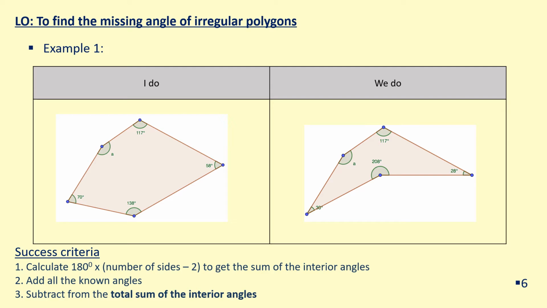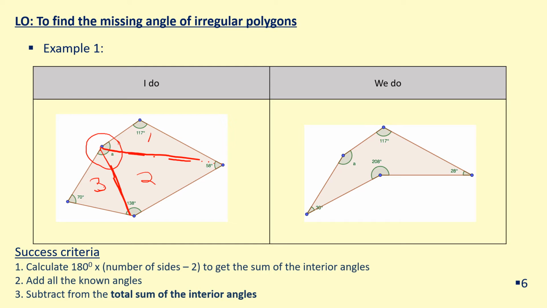And we're wanting to calculate this missing angle here labeled A. The first thing we want to look at for a visual image is splitting our irregular polygon into 3 triangles, which you can see here now. We've got 1, 2, and 3. Okay, Year 8, so now you can see that.